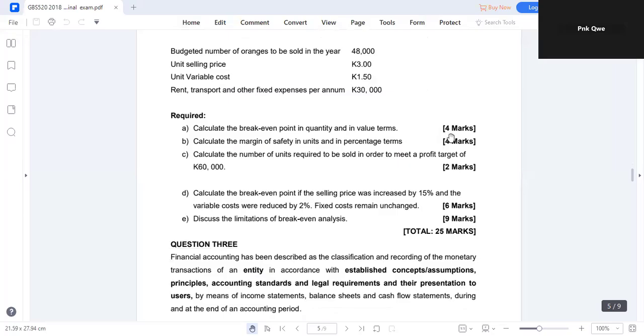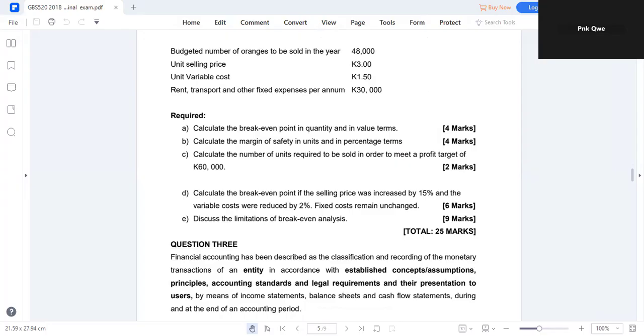All right, so we are at 10 marks. Number D, calculate the break-even point if the selling price was increased by 15% and the variable costs were reduced by 2% and the fixed costs remained unchanged. 6 marks. So this one has some adjustments to be made. So we want to calculate what?